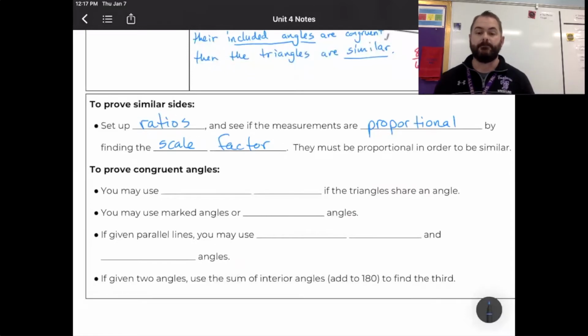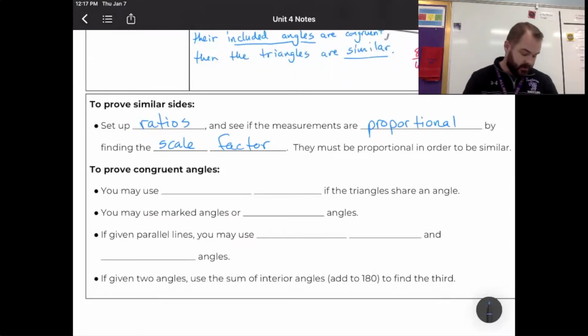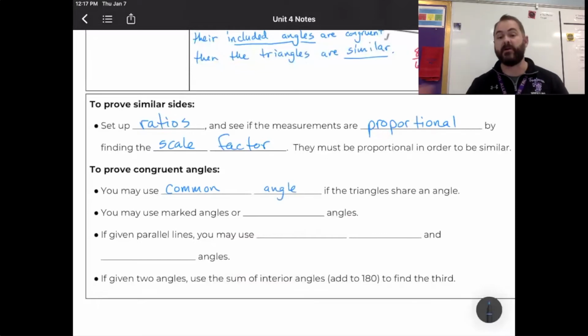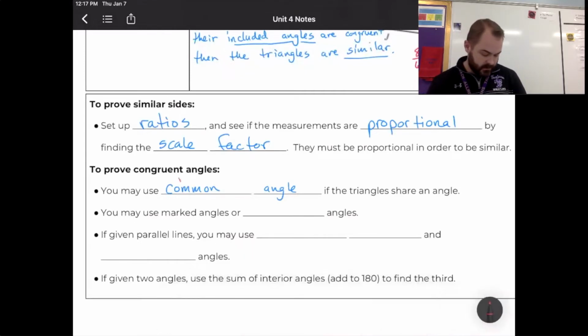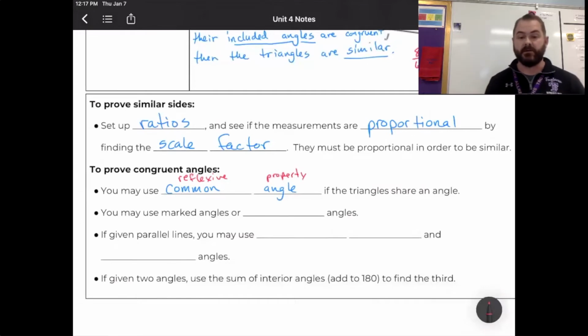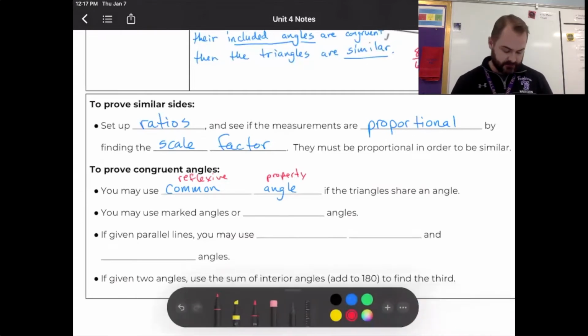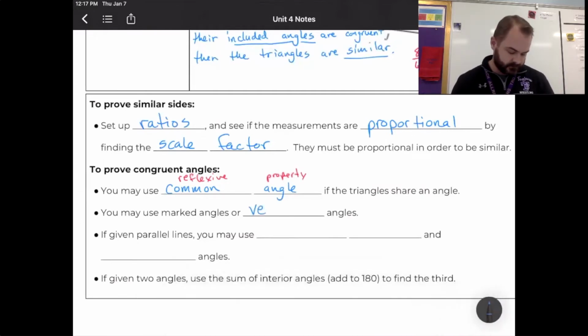Okay, you may use what we call a common angle if the two triangles share an angle, or the reflexive property is another thing we said there. That was our other thing we could use. You could use marked angles or vertical angles that are congruent.